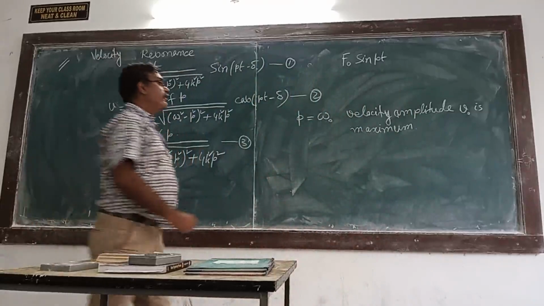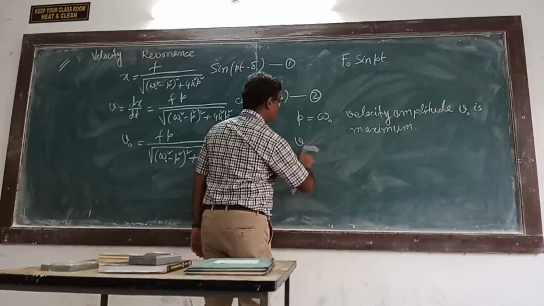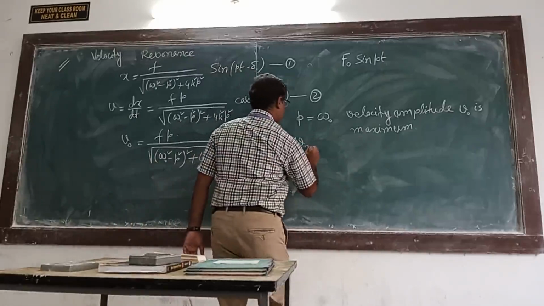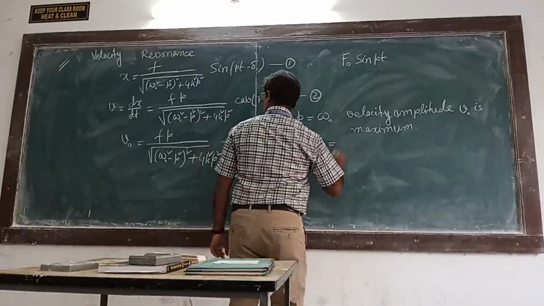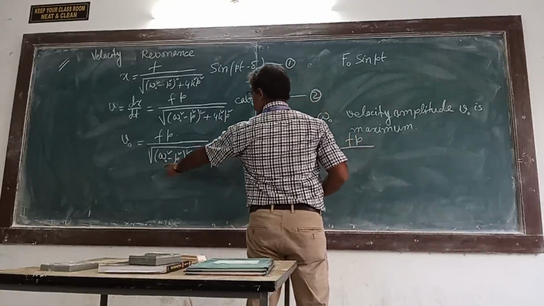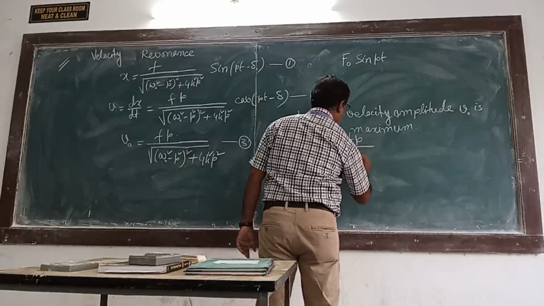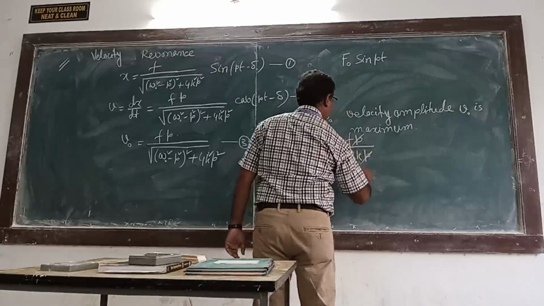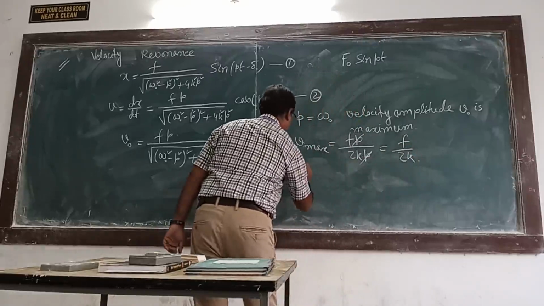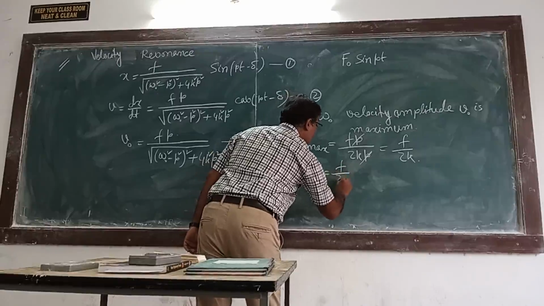And Vmax equals F p by, this term becomes 0, then only 2kp. Kp cancels, so Vmax equals F by 2k.